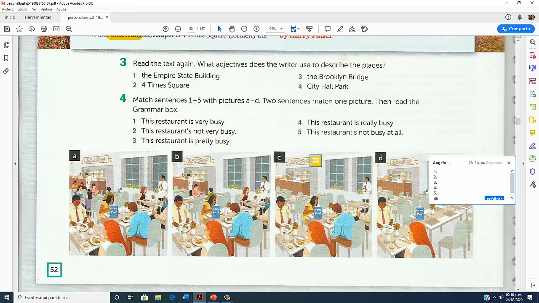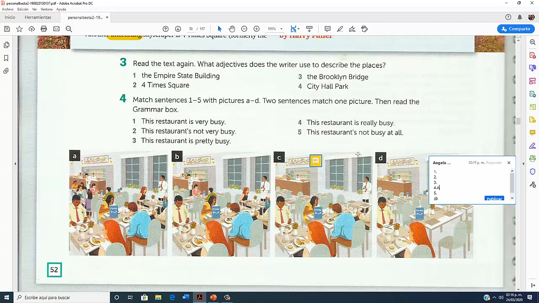Let's start with the easy ones. Here it says this restaurant is really busy. Look at number 4. Really busy. Extremely busy.